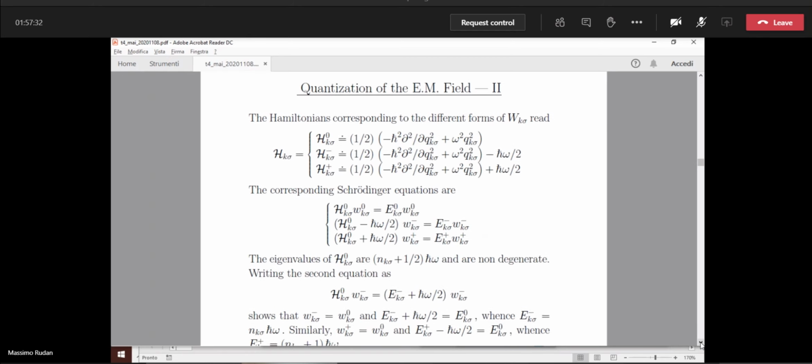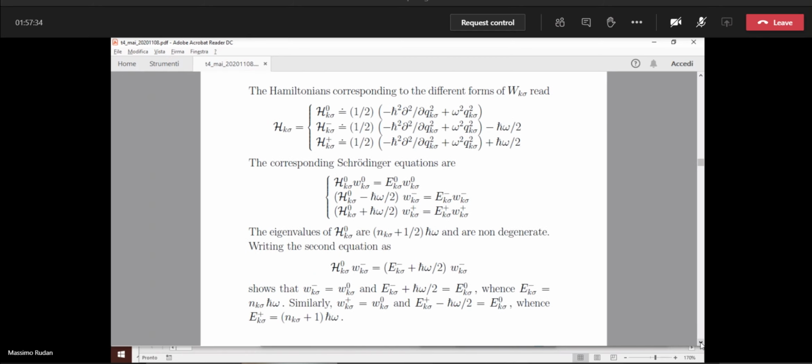So let's continue on this line. For the moment, we have to continue simply by taking all three possibilities and seeing what happens if we proceed with each one. So in the quantization, we transform the W, that is the energy of the individual mode in the classical case, into the corresponding Hamiltonian.